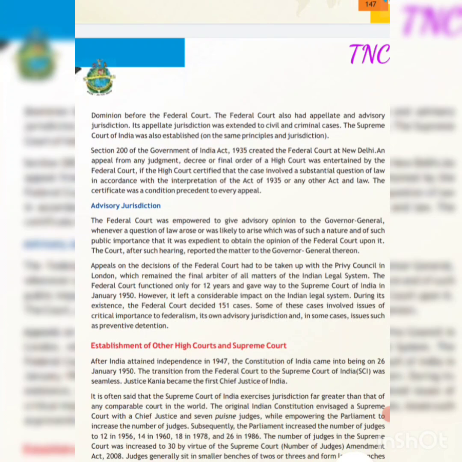So these are the three types of jurisdictions that the federal court of that time exercised, and all the same things are also with the Supreme Court of India. Its appellate jurisdiction was for both civil and criminal matters.